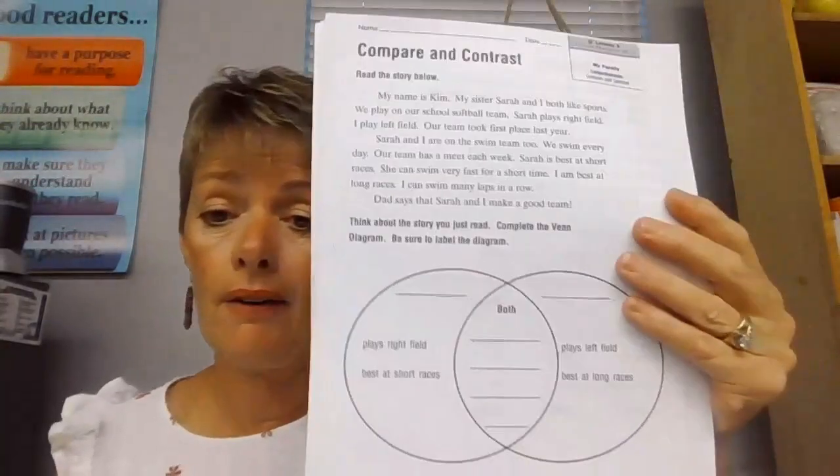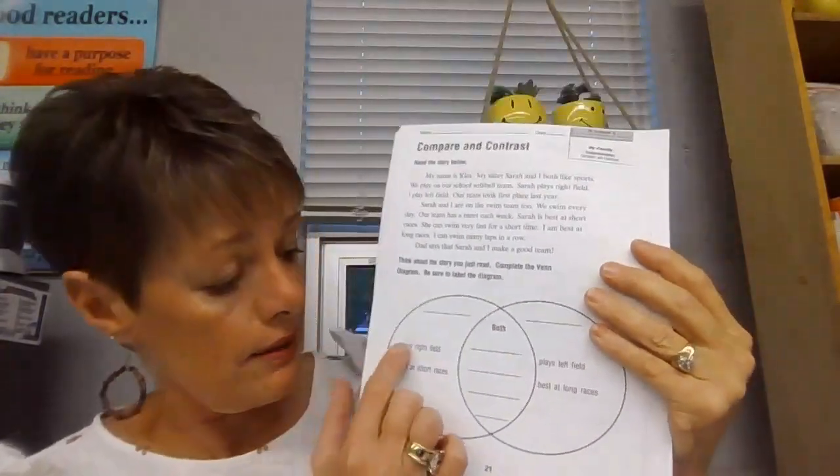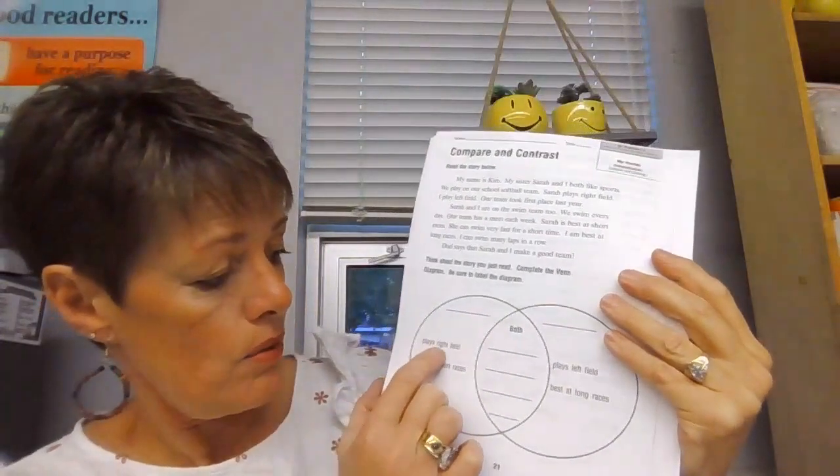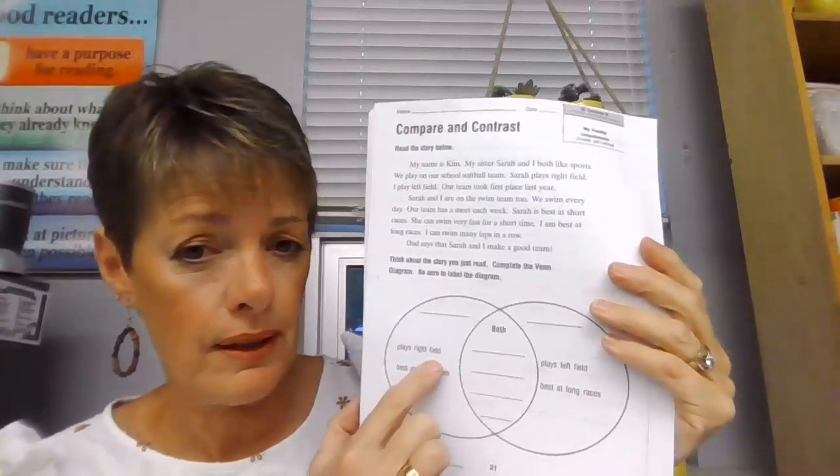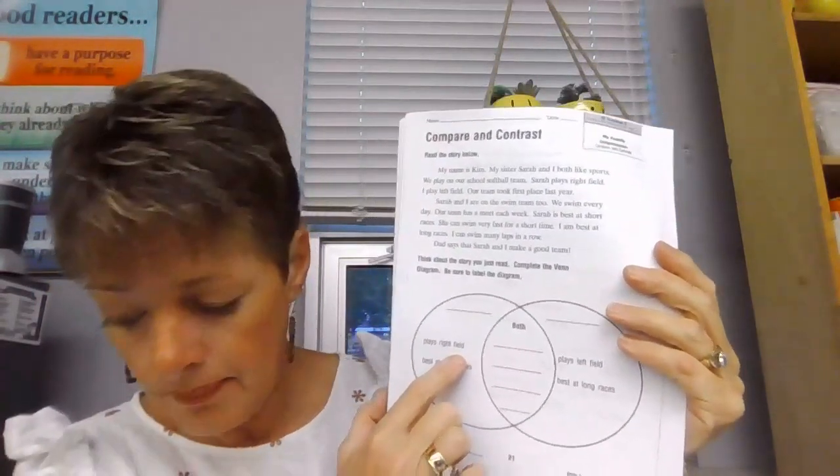Now looking at our Venn diagram, this side over here says plays right field. Do you remember who plays right field? Is it Kim or is it Sarah? Or look at best at short races.